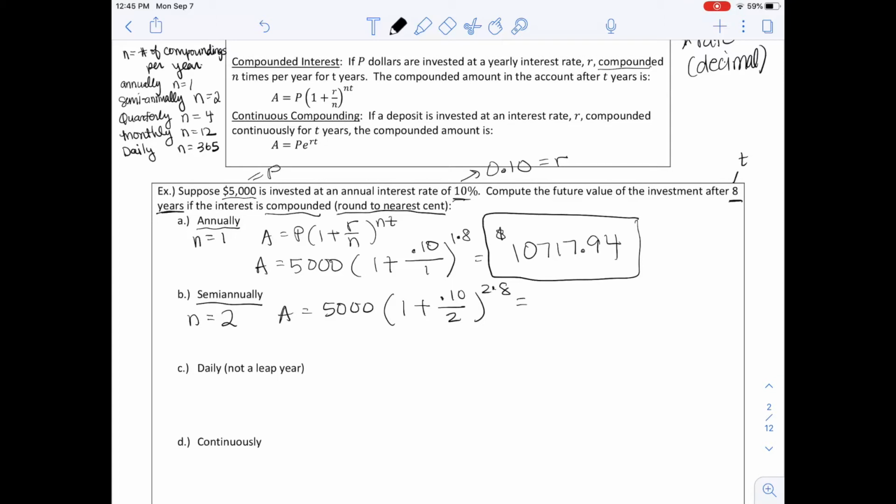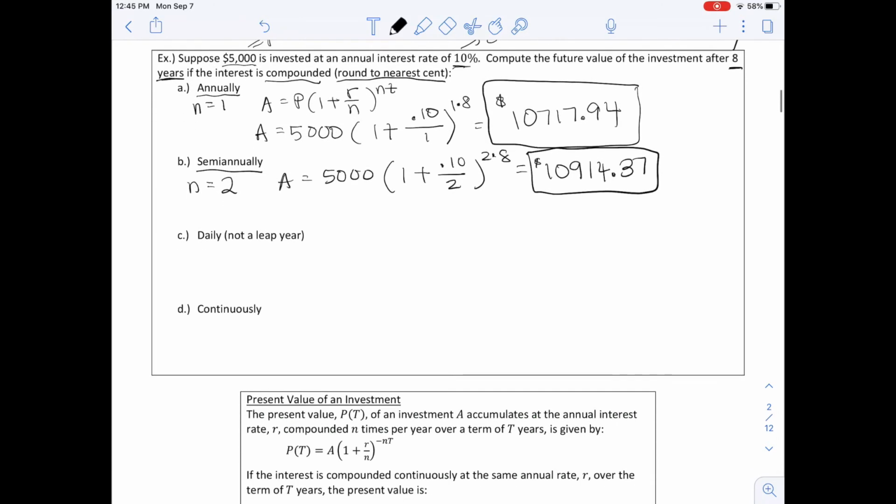If you want, you could put that in as 16 on your calculator. When we do this, we get $10,914.37. So it's almost $200 more in our account after those 8 years.